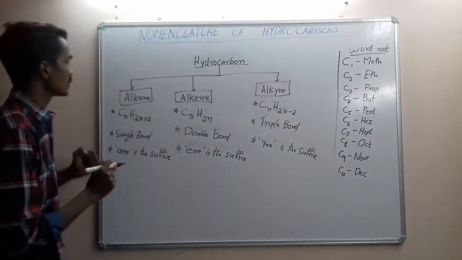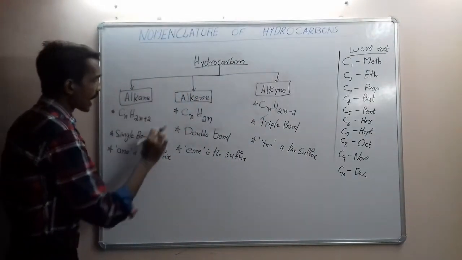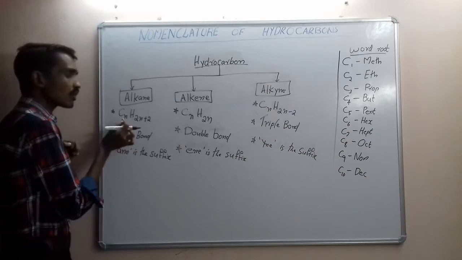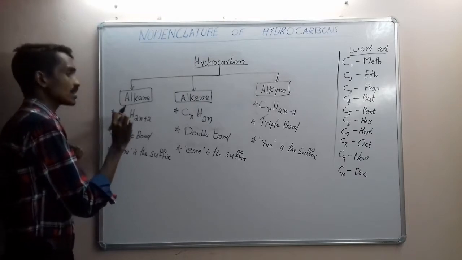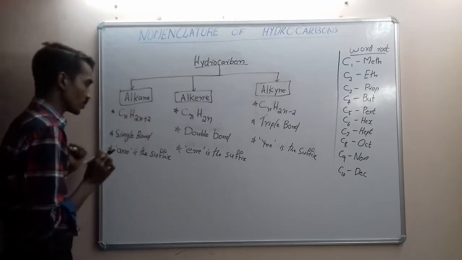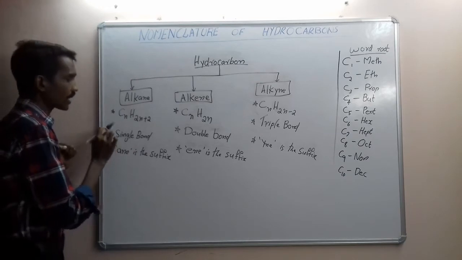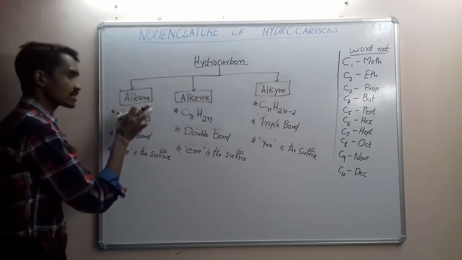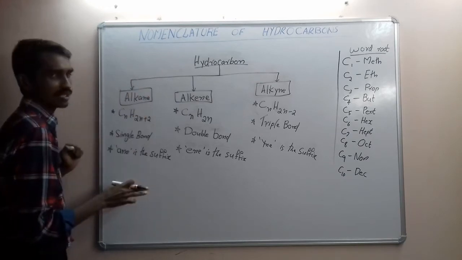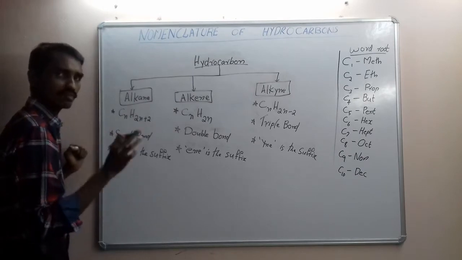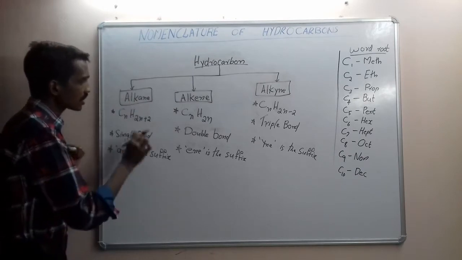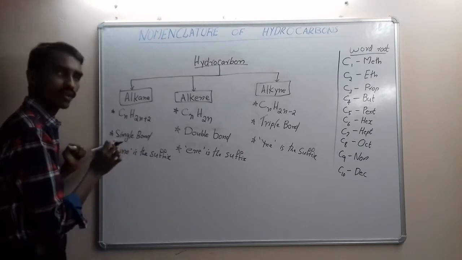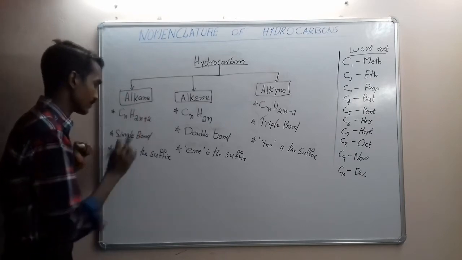In the case of alkane, the general formula is CnH2n plus 2, and only single bonds are present. There is no double bond or triple bond.